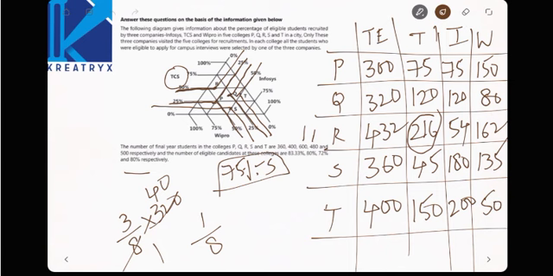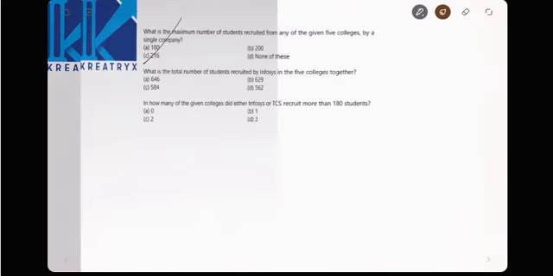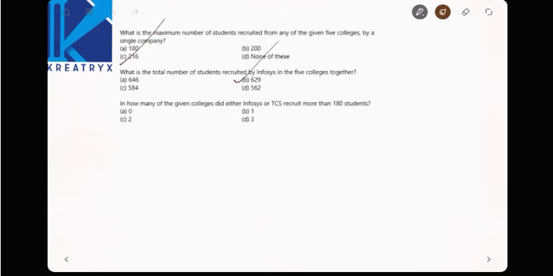Add all the things, you'll get the answer. 75 plus 120 plus 54 plus 180 plus 200, that leads you to 629. Total 629 candidates are selected by Infosys.